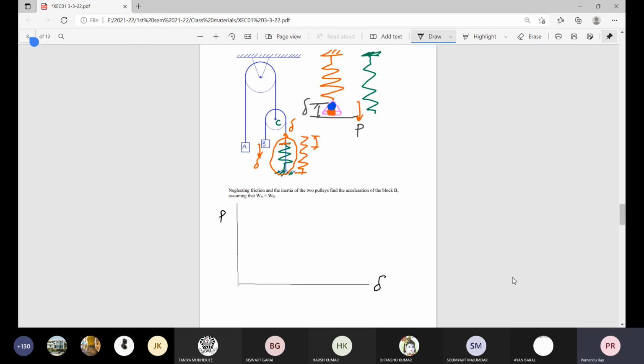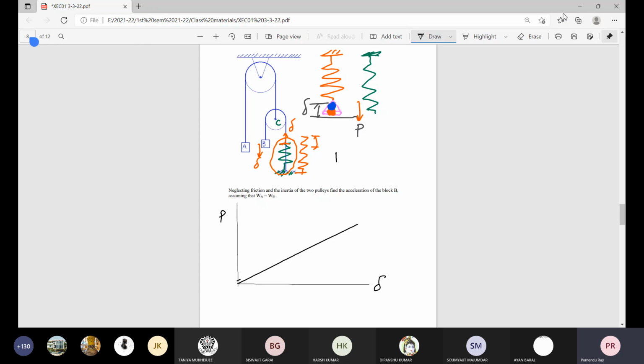And normally this P versus delta graph, as you said, is directly proportional. So this is the P versus delta graph, where when there is no force, there is no extension of the spring.